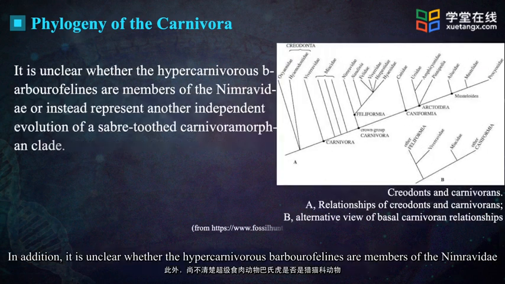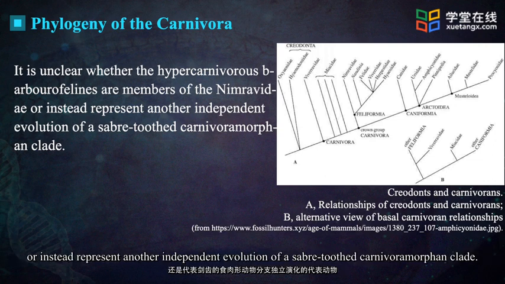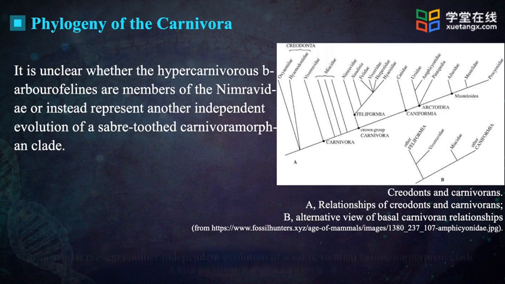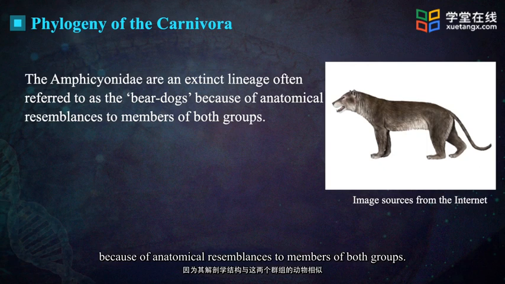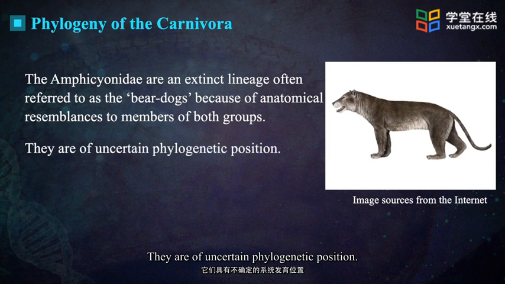In addition, it is unclear whether the hypercarnivorous barbourofelines are members of the Nimravidae or instead represent another independent evolution of a saber-toothed carnivoromorphan clade. The Amphicyonidae are an extinct lineage often referred to as bear dogs because of anatomical resemblances to members of both groups. They are of uncertain phylogenetic position.